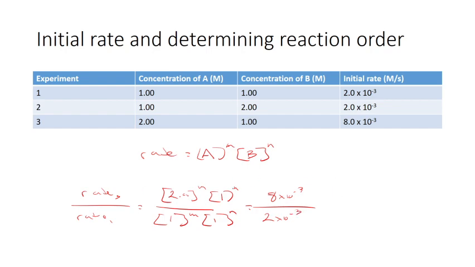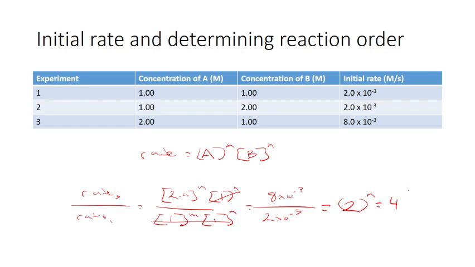All right, what we can do is we can simplify these expressions, where all this stuff on the bottom is going to go away. This also is going to go away. 1 raised to the power of anything is still 1. And we have 2 to the M is equal to basically 8 divided by 2, or 4.